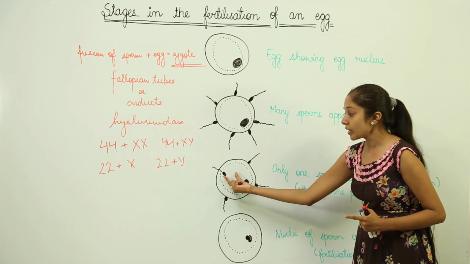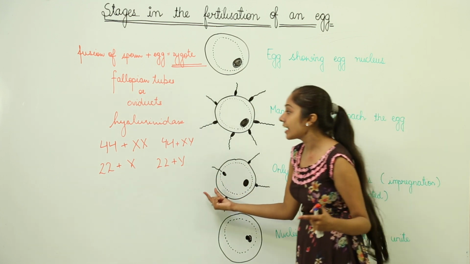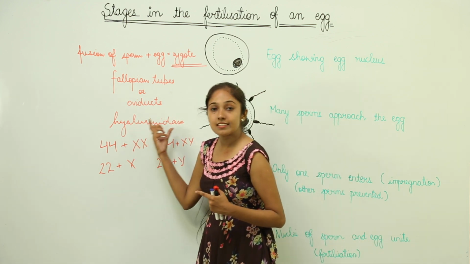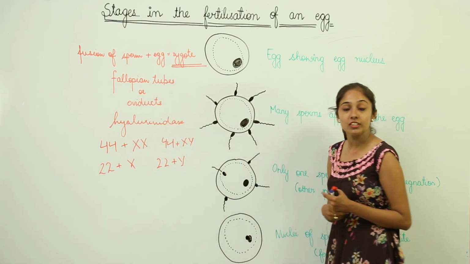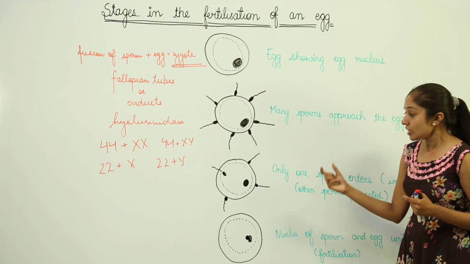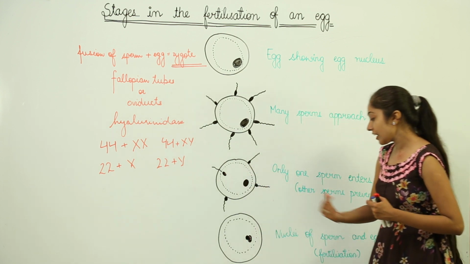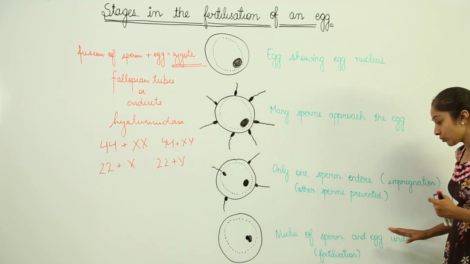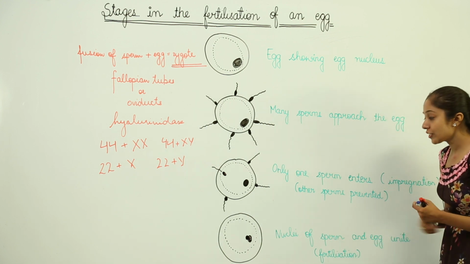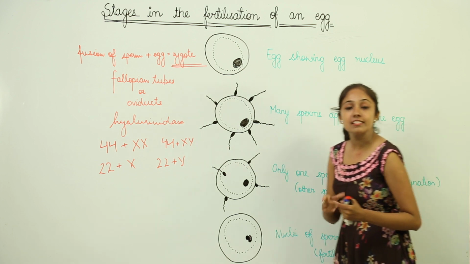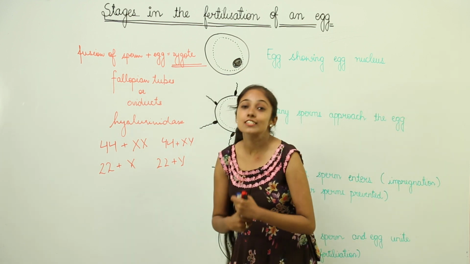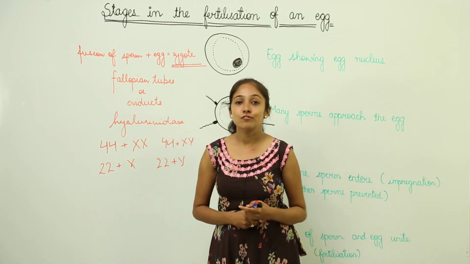Only one sperm, because it is going to release an enzyme, that is hyaluronidase. This enzyme is present in the acrosome of the sperm, which is in the head region. So the nucleus is going to fuse to form the first cell of life. The nucleus of sperm and egg unite, which is known as fertilization, and this is how the first cell of life, that is zygote, is formed, which completes the stages of fertilization.